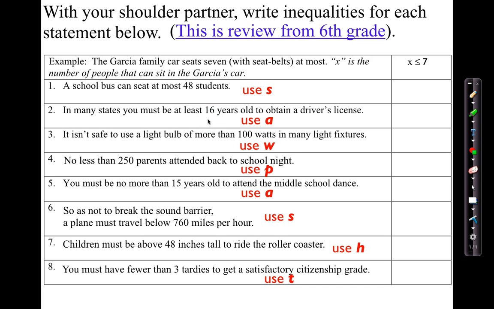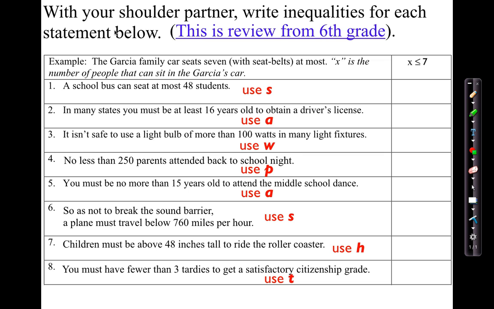Okay, so here we're going to be given some examples. Our goal is to write an algebraic expression. For our first example, it says a school bus can seat at most 48 students. I think the trickiest part about this lesson is you're going to have to think, okay, will it include, in this case, 48, or will 48 be excluded?